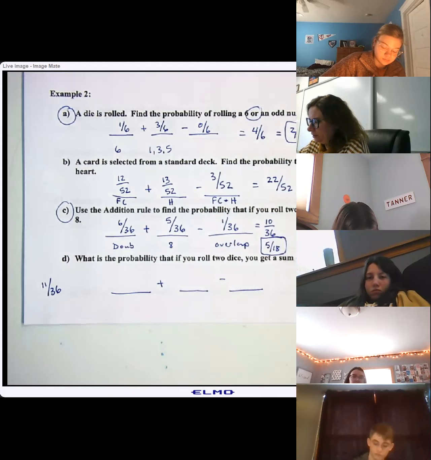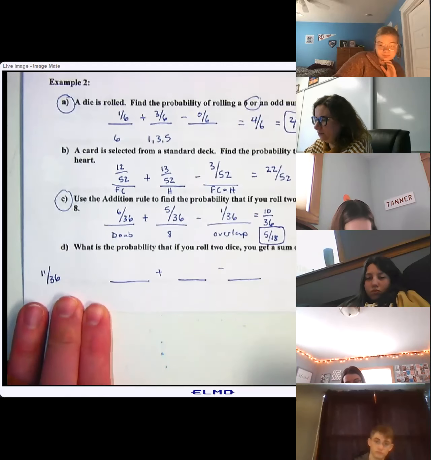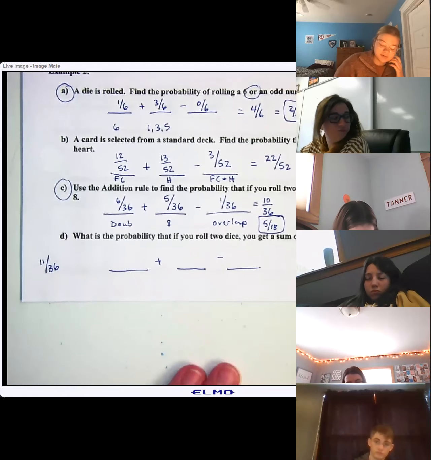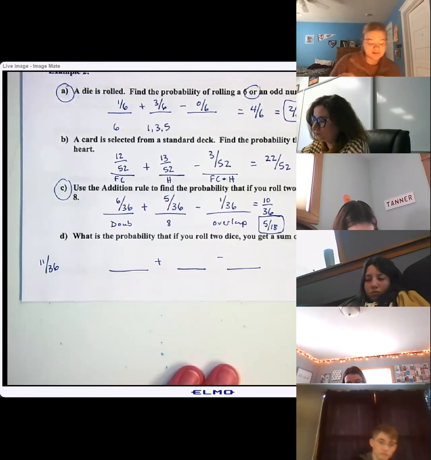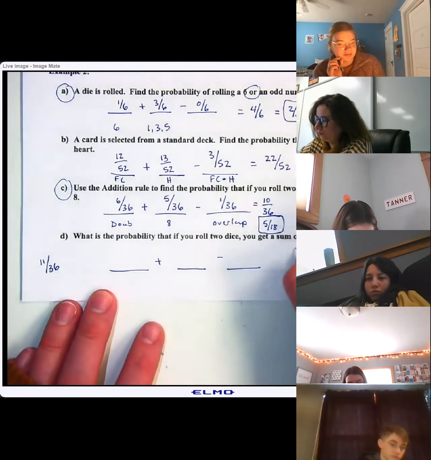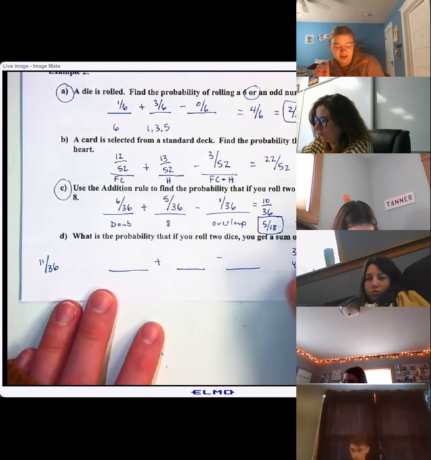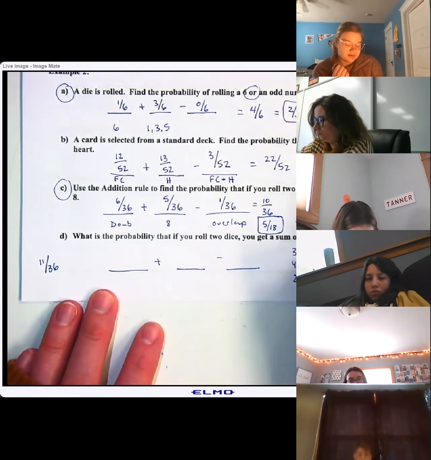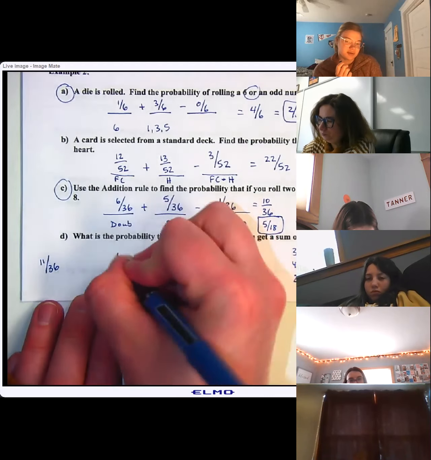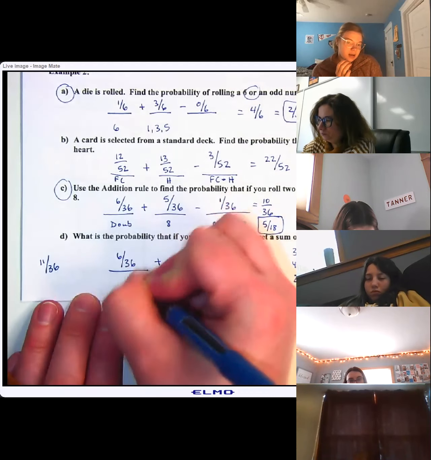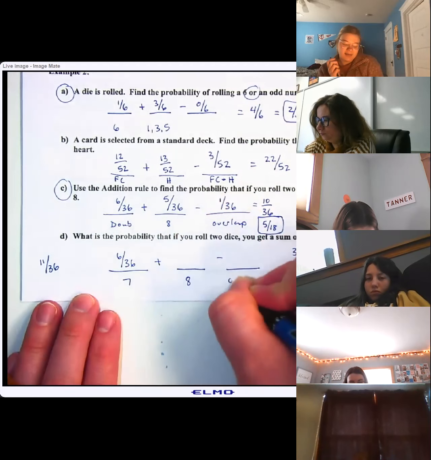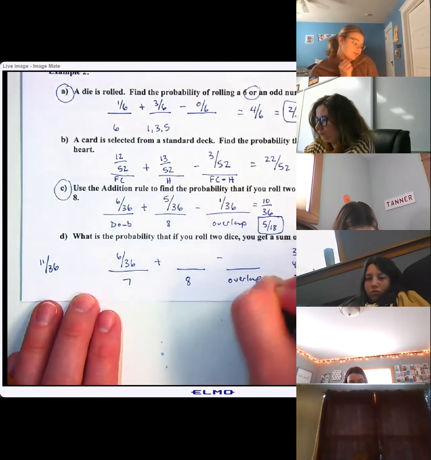Next up, we've got a probability of a sum of 7 or a sum of 8. Megan? Okay, so there's 6 things that could make 7, because it's 3 and 4, 4 and 3, 2 and 5, 5 and 2, 6 and 1, and 1 and 6. So there's 6 different choices there. And then you add that plus the things that could be 8.